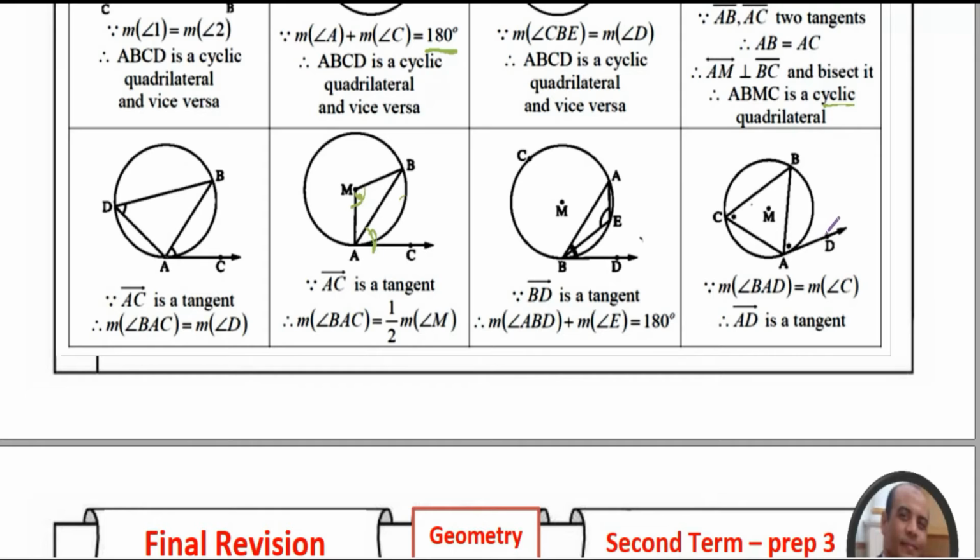If you have angle BAD equal to the measure of angle C, what do you deduce? Yes, AD is a tangent to the circle which passes through A, B, and C, and AB is a chord in this circle.